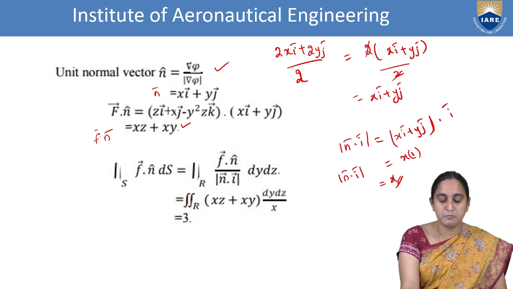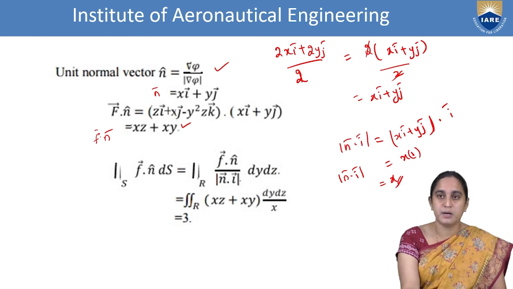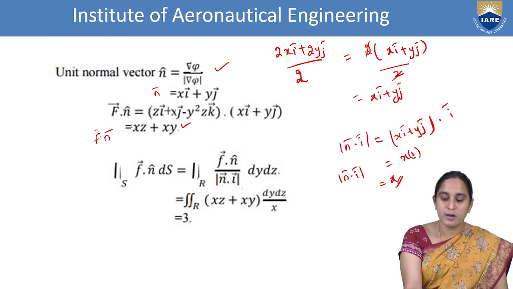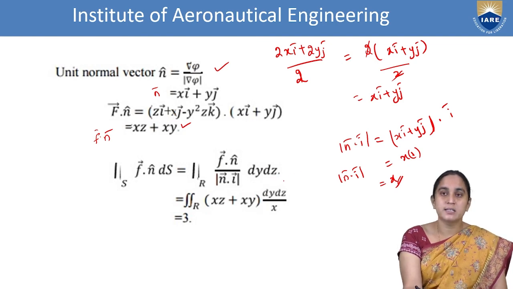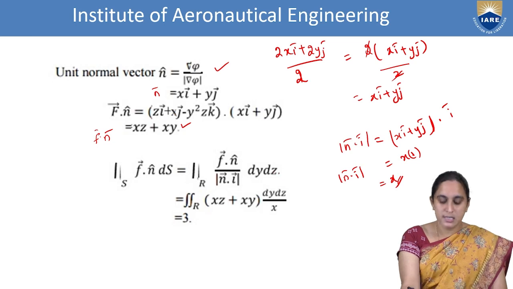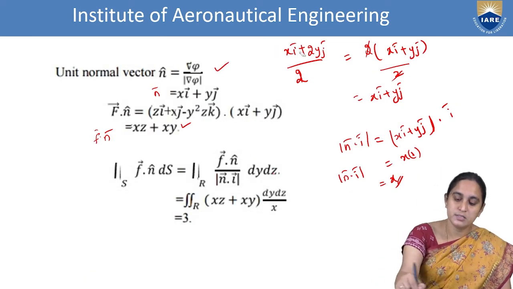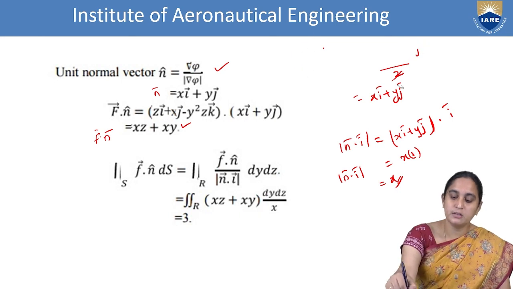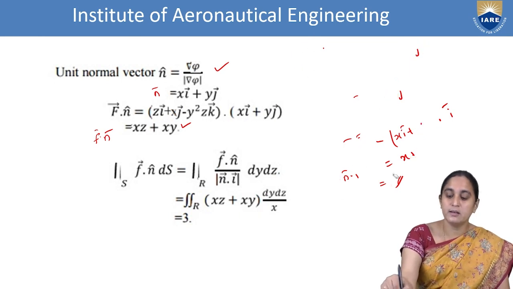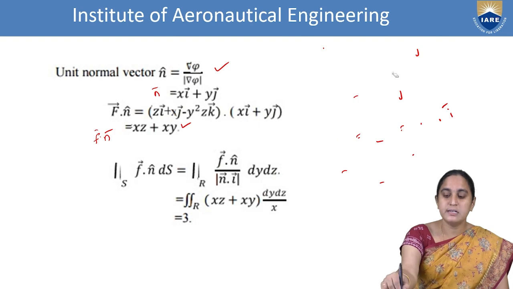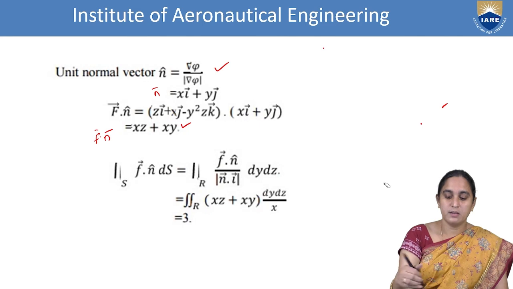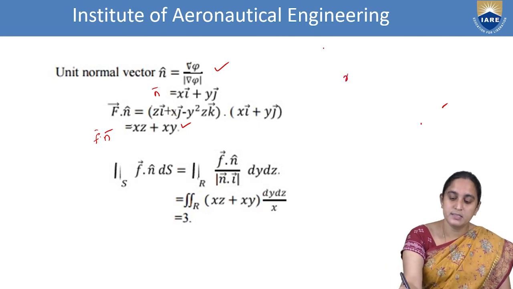Now we have f bar dot n bar and the modulus of n bar dot i bar. Therefore, here we have to calculate the surface integral on the yz plane. From the question, the z limit points are 0 to 2. And what about the y limit points? We calculate them from the cylinder equation, x square plus y square is equal to 1.